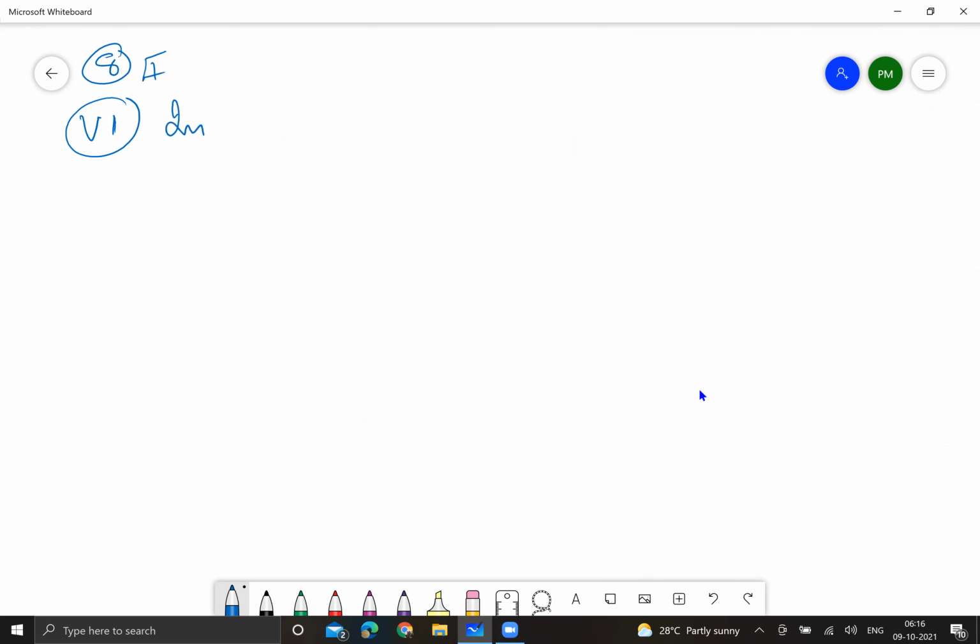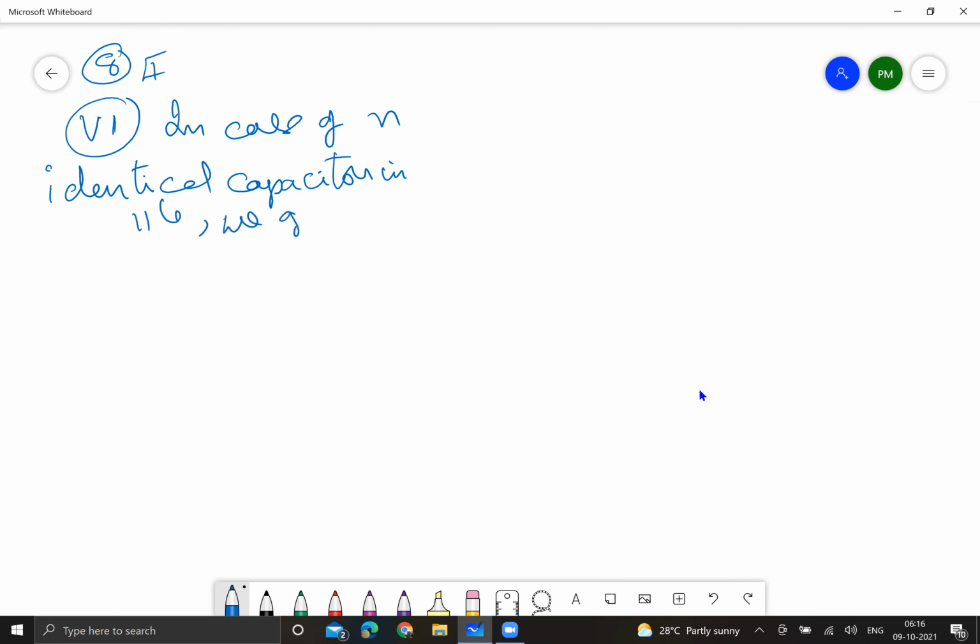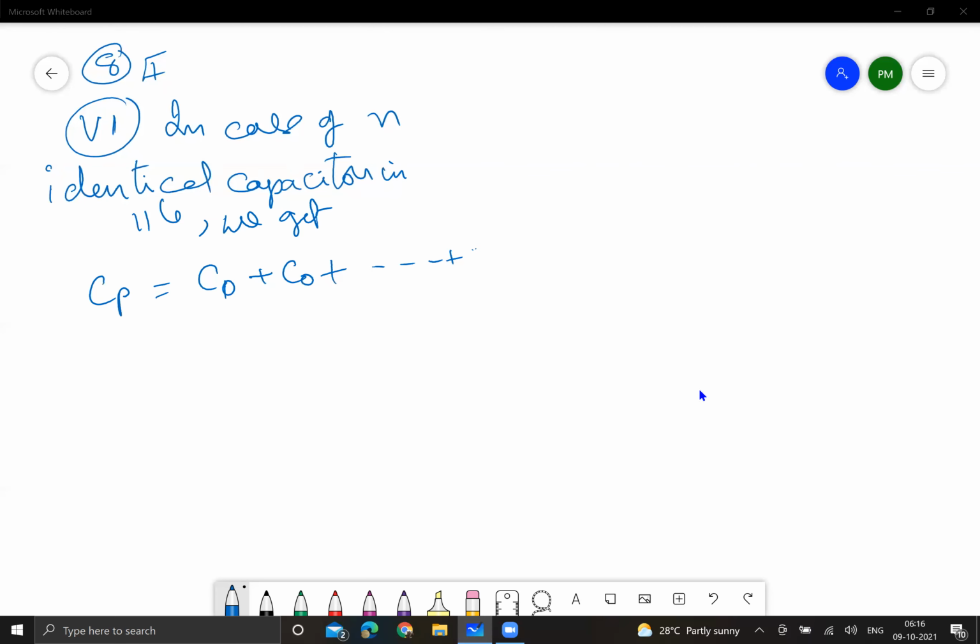In case of n identical capacitors in parallel, we get Cp is equal to C naught plus C naught and so on, n times.